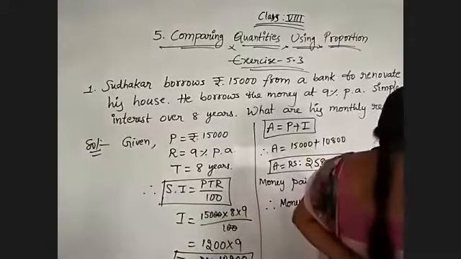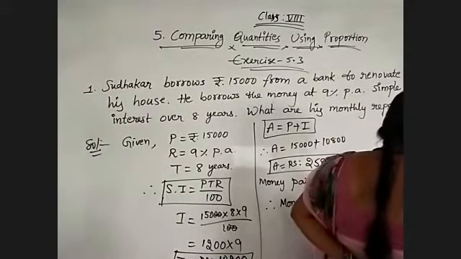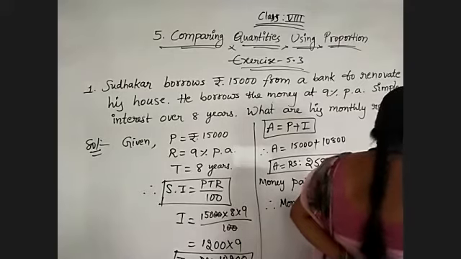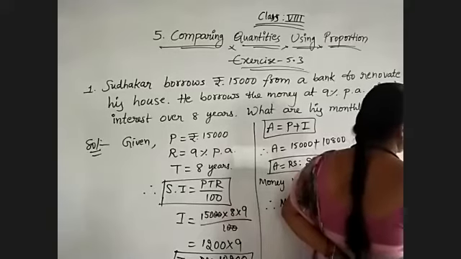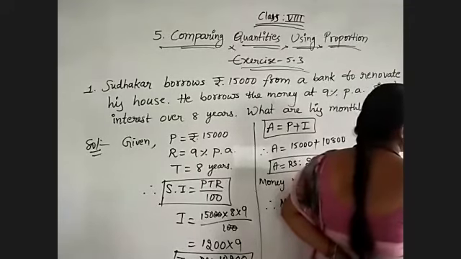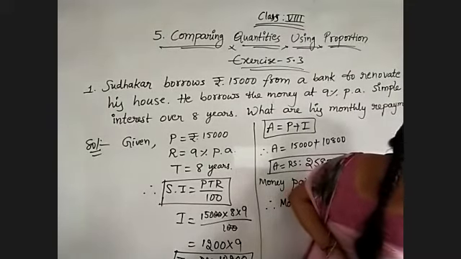Let us do the calculation. 8 ones are 8, 8 threes are 24, 8 twos are 16, 8 twos are 16, 8 fives are 40. So which will be equal to 3,225 by 12.